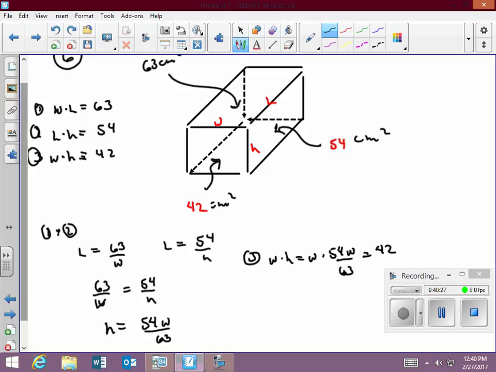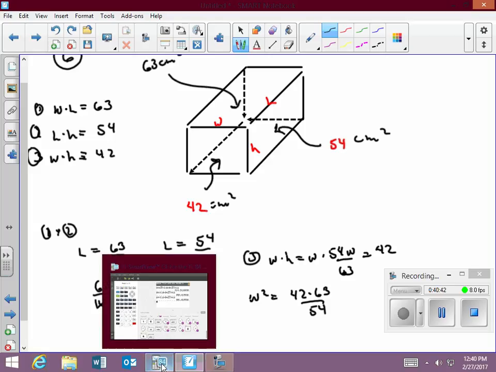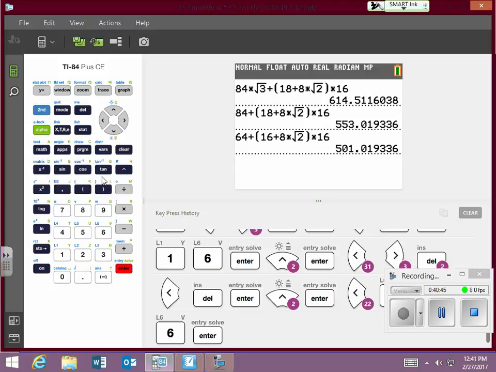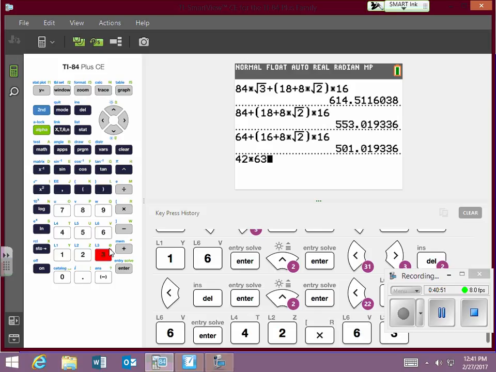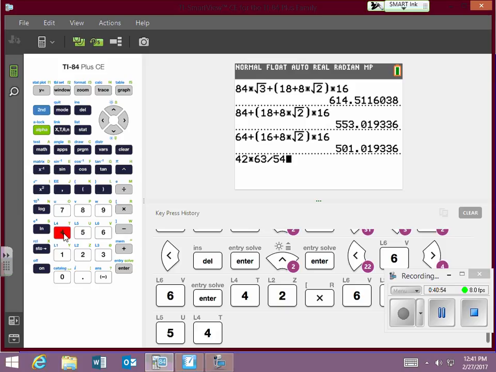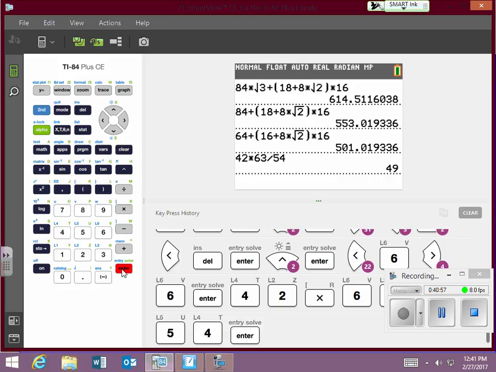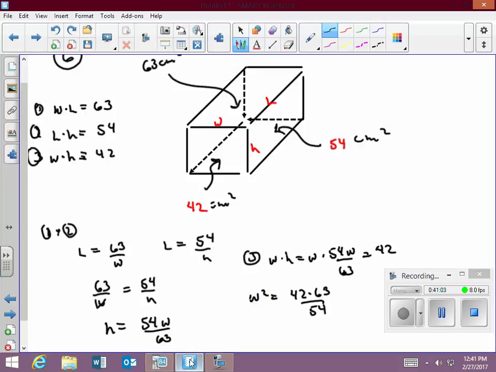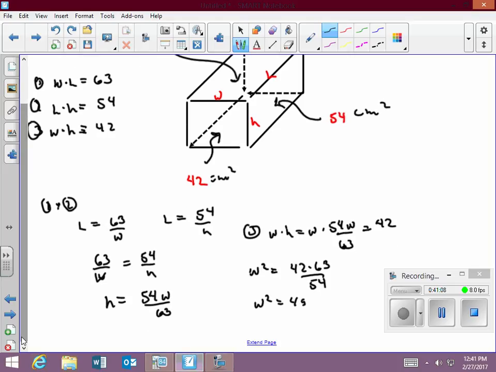And now you can get w squared is 42 times 63 over 54, which is 49. So w squared is 49, and w is 7, isn't it?